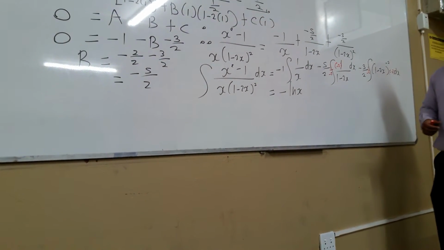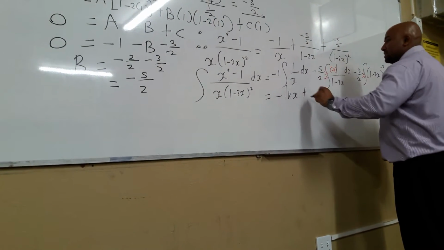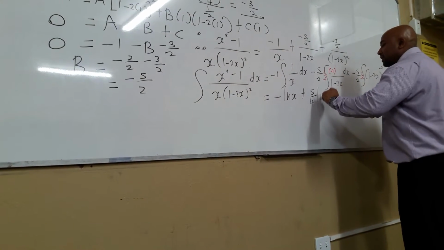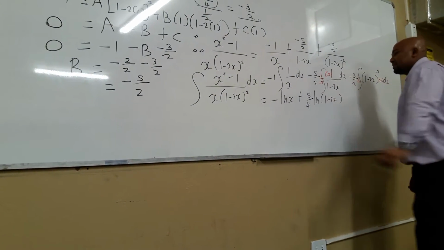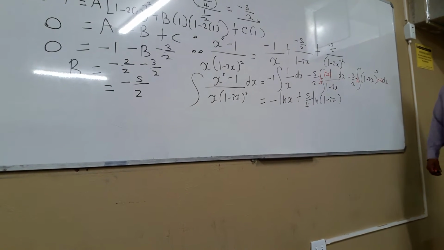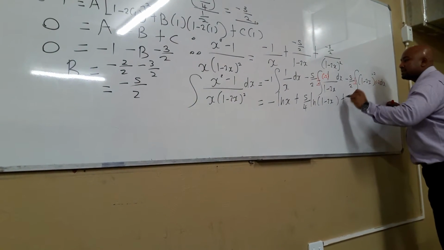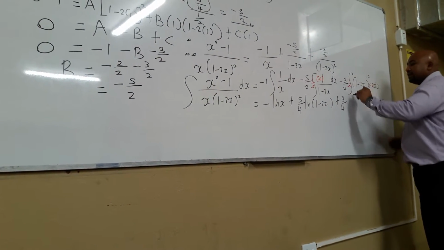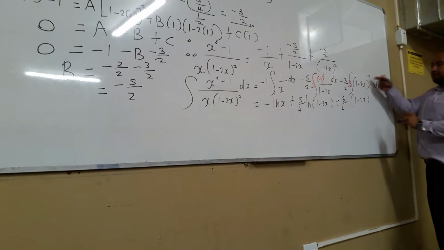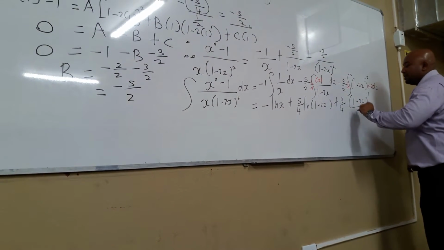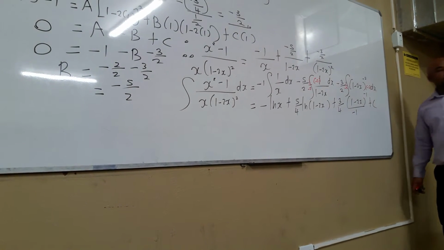Alright, so here this will be plus 5 over 4 ln of 1 minus 2x. You got that? Right, here this will be plus 3 over 4, and this will be 1 minus 2x to the power minus 2 plus 1, that will be minus 1 over minus 1, plus c.